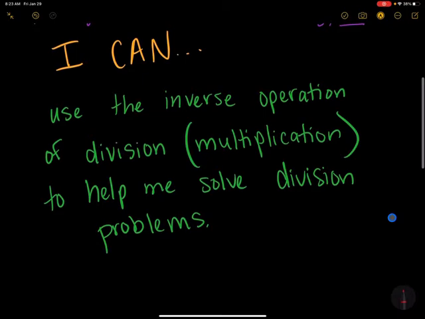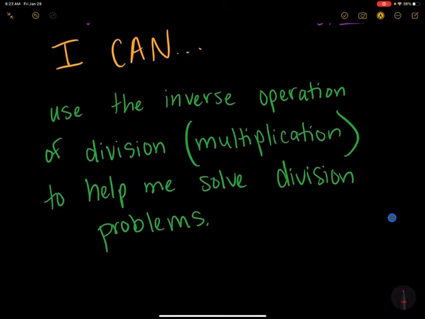Okay, so that brings us to our I can statement for today. I can use the inverse operation, and I'm going to underline that. Inverse operation of division, which we know is multiplication. So inverse operation, you can think opposite.